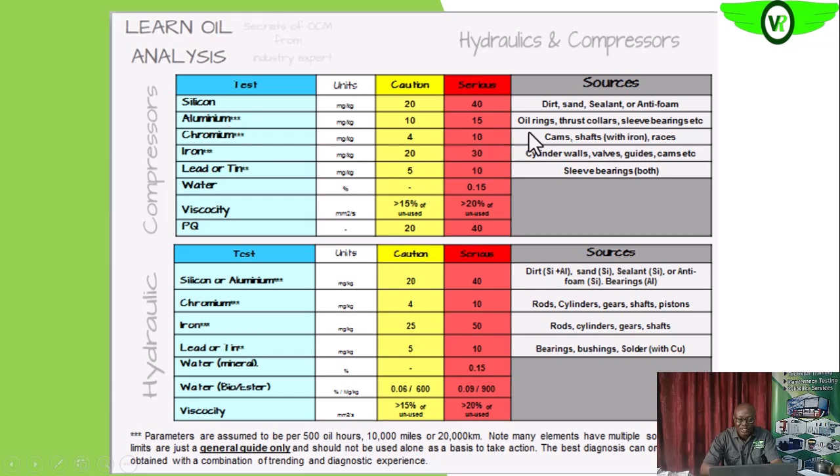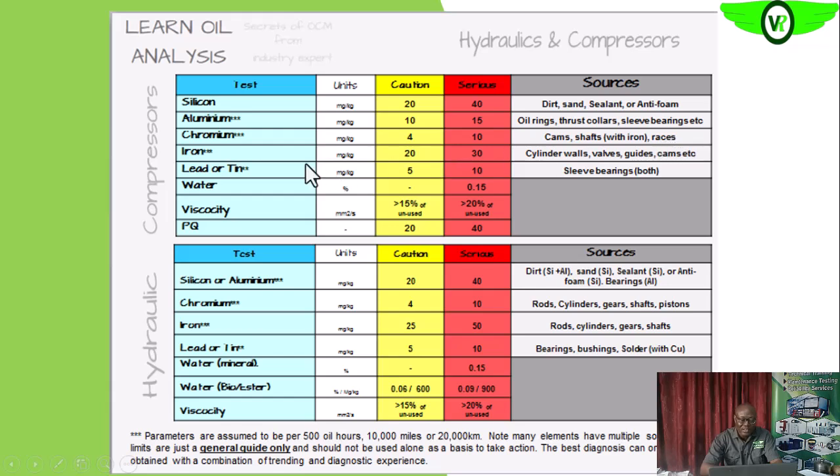Aluminium: the oil rings, the thrust collars, the sleeve bearings. That is what you will be suspecting if you have more aluminium, and even your piston. Chromium: you should be suspecting the cams, the shafts, then all of those races.